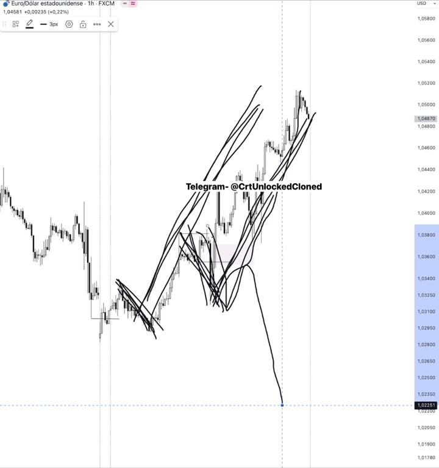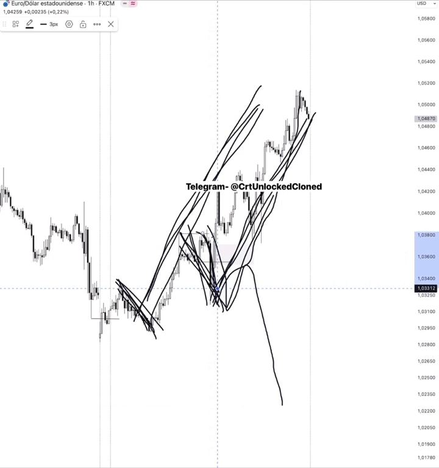You traded a manipulation thinking it was a distribution, which is a common beginner mistake.